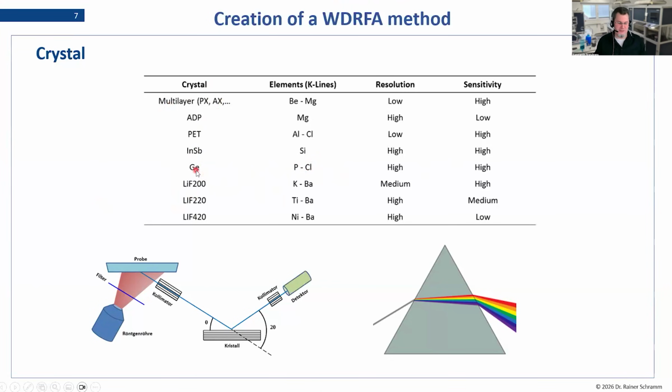Again, not all machines might have them, and the names might change, but the crystals are all the same. These are the parts in the machine responsible for splitting your multi-element spectrum into single element energy, where we put our detector and capture that particular energy.